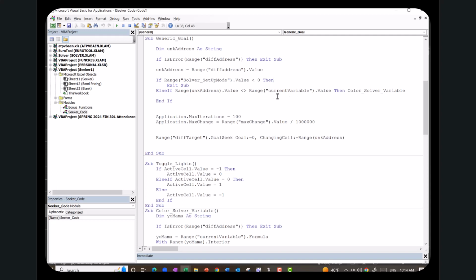Otherwise, figure out where the unknown is, and where the formula is. This is just options for it. This is the VBA way of doing GoalSeek. Instead of going through mouse clicks, I'm saying for the range diff target, that's the cell I want to make 0, do a GoalSeek. My goal is to make it 0 by changing the address that I picked from there.